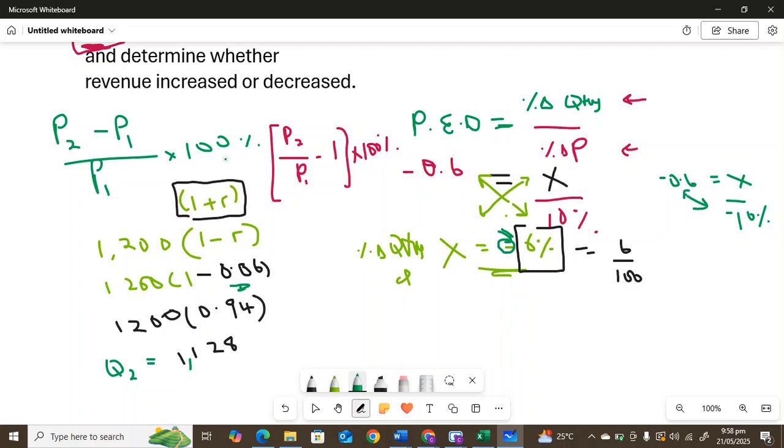When there's an increase, it's 1 plus R. When there's a decrease, it's 1 minus R. Are we all getting 1,128?